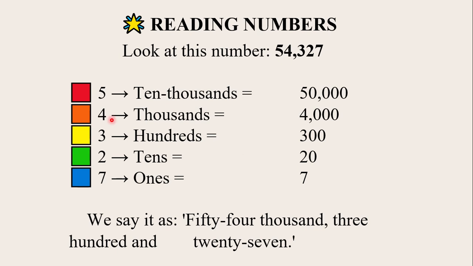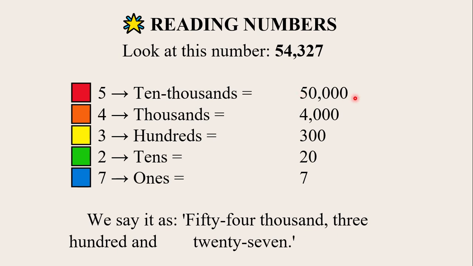The way we pronounce it together is that the ten-thousands and thousands are called together, and tens and ones are also called together. Hundreds is the only one that is called independent of every other one. So if we start with 5 and 4, which is 50,000 and 4,000, if we call the two of them together, that will be 54,000.